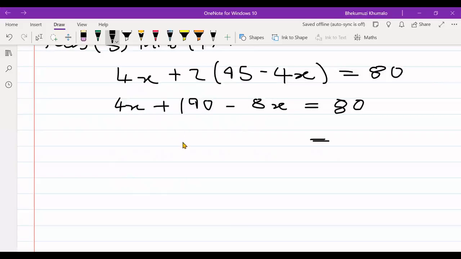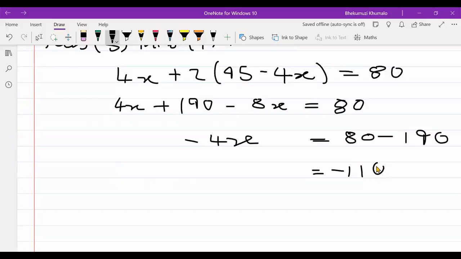So it's 4x minus 8x, and that's just minus 4x, right? This we take onto the other side, so it's 80 minus 190. And 80 minus 190 would be minus 110. So this would be 110 equals minus 4x. And then we divide by minus 4.